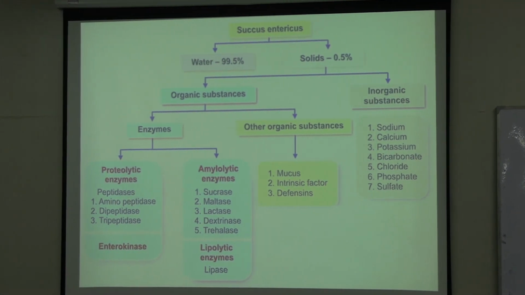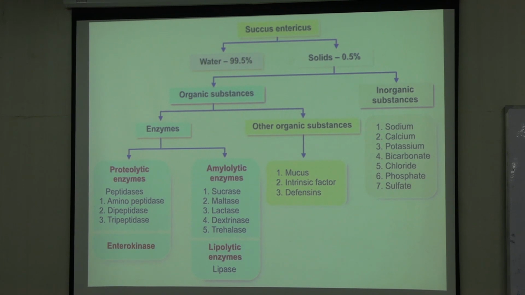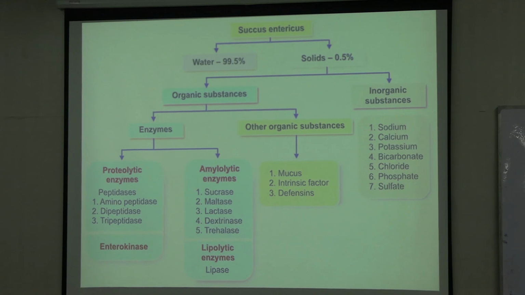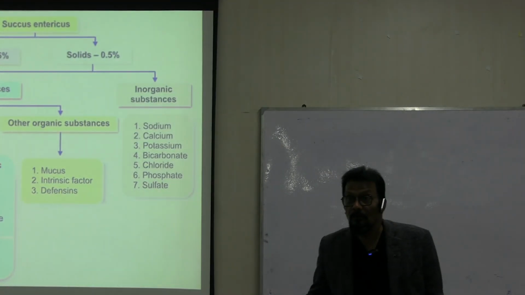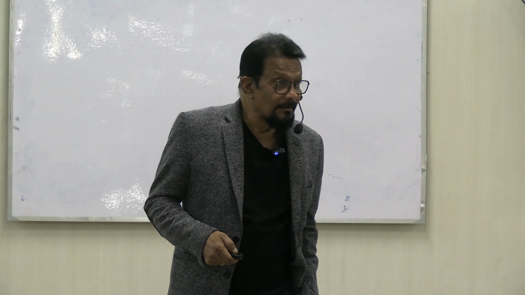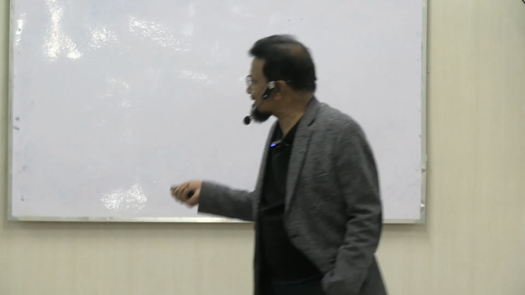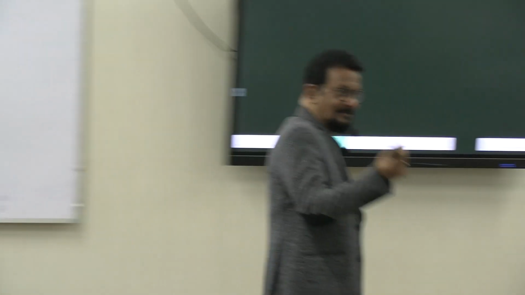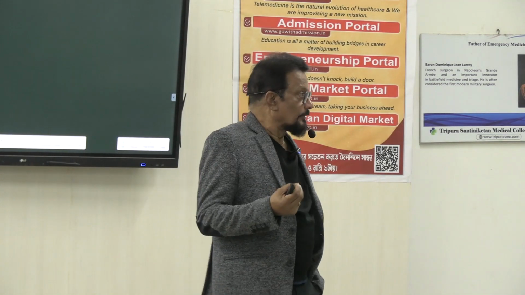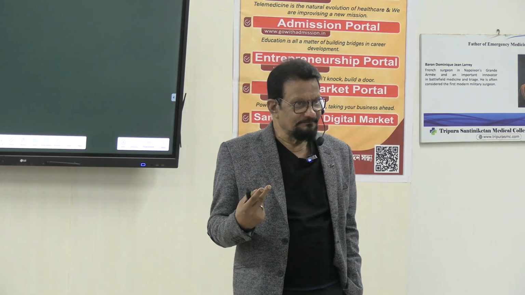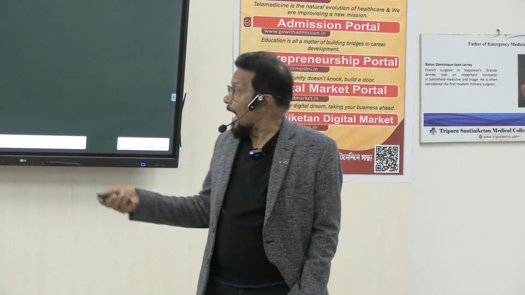Intrinsic factor, we learned, is produced where? In the stomach. And it is needed for vitamin B12 absorption. Our intestine also produces some intrinsic factor, with the same purpose.